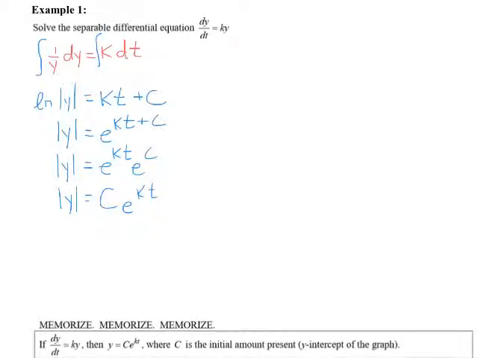We don't know whether this big C is positive or negative, so the absolute value can be stripped away, and we have y equals Ce to the kt. So anytime we see this differential equation, we can immediately jump to the solution y equals Ce to the kt.